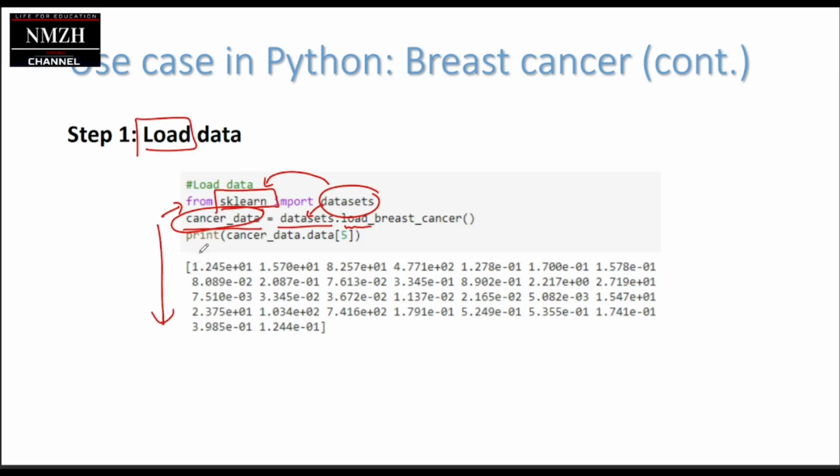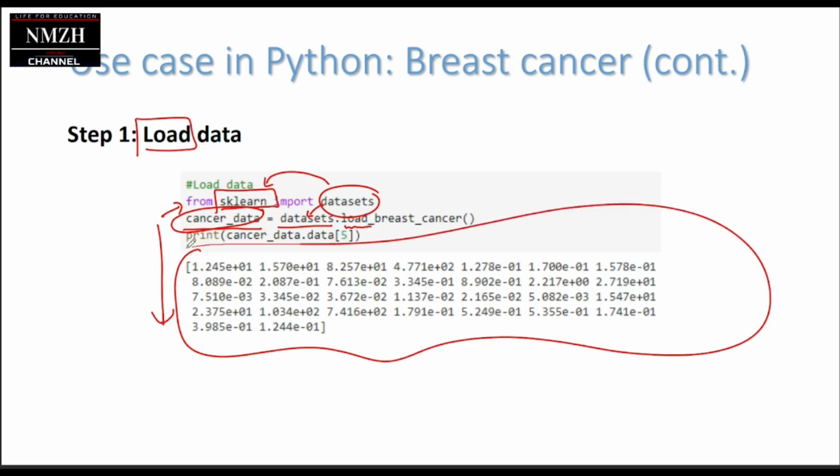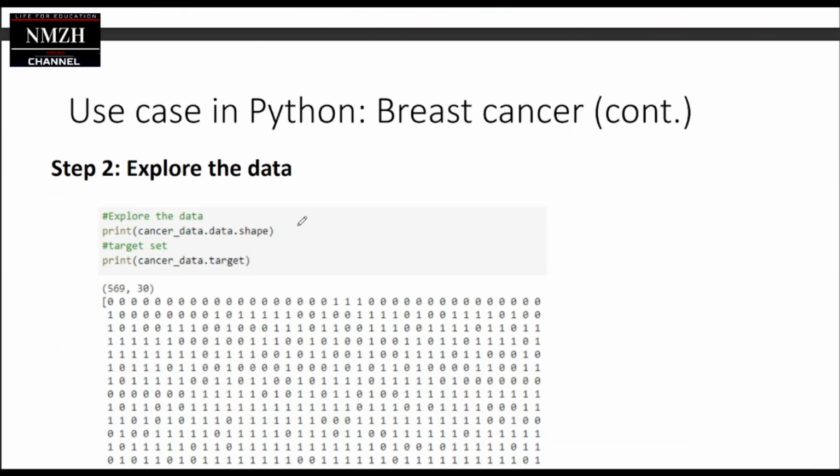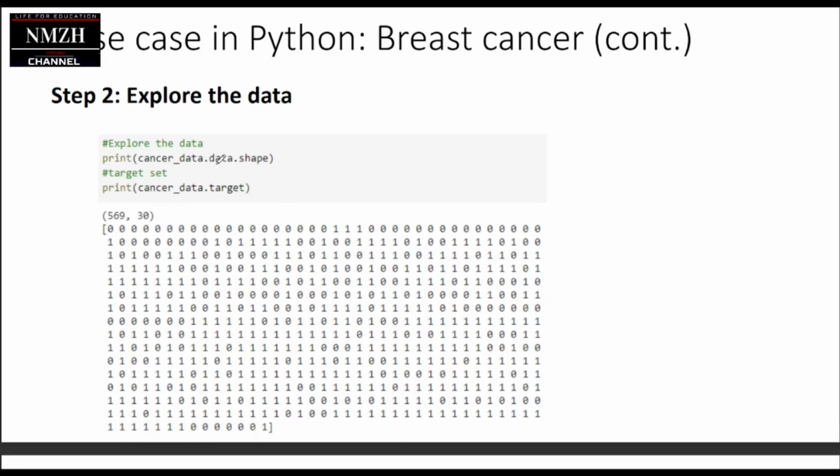Okay, so we print it and we can see the data for 0 until 4, okay, 5 rows. Then we try to explore. Obviously cancer_data is the thing that we declared just now. So target is here and data shape is this.